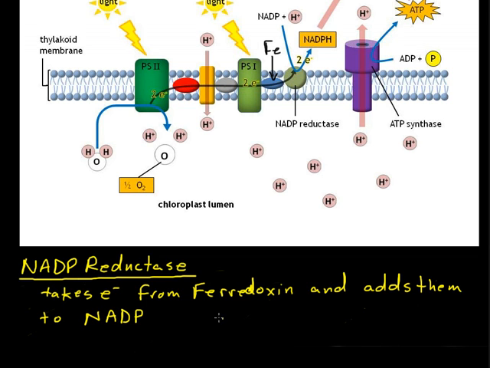Now this NADP plus electrons plus hydrogen forms a molecule called NADPH. So we'll say 2 electrons plus NADP and a hydrogen ion to form NADPH. I'll draw a little square around that guy.